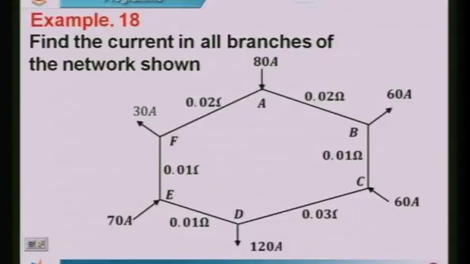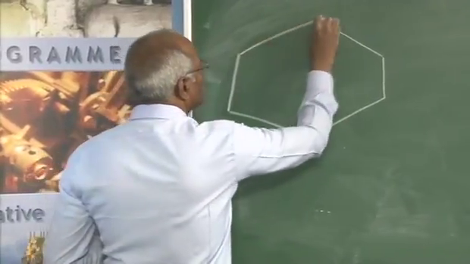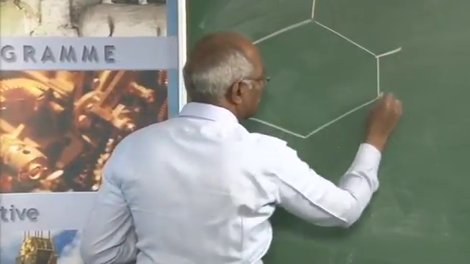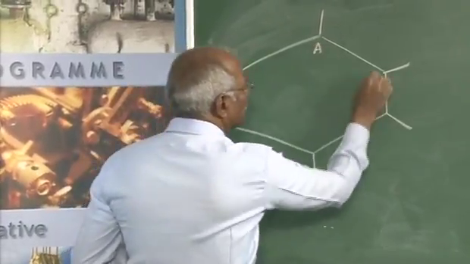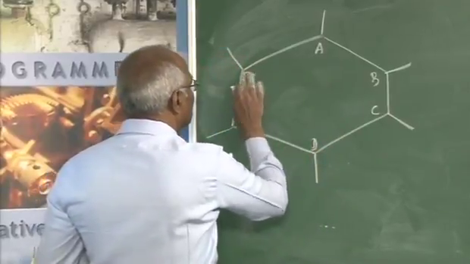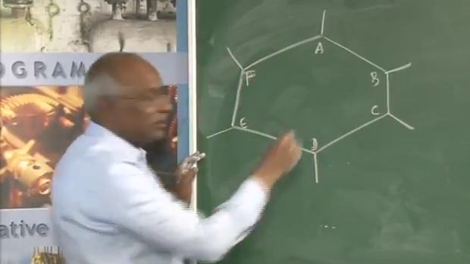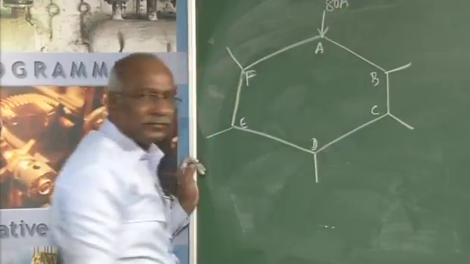Consider another problem. Find the currents in all the branches of the network shown. The network is this. This is 80 amperes.